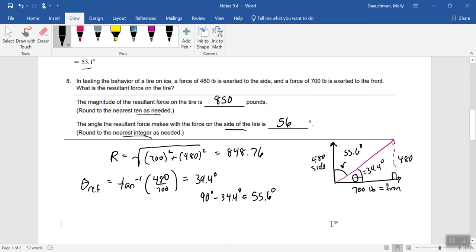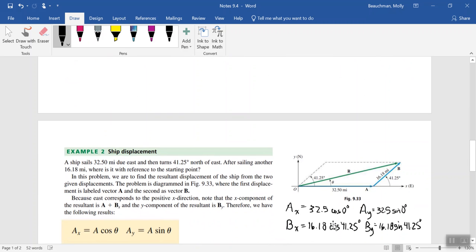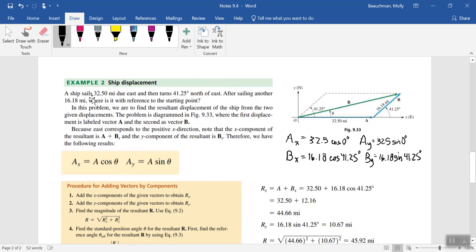All right, next example. We're looking at ship displacement. So this one gives us direction according to bearings, north of east. So a ship sails 32.5 miles due east. So take a look at the picture. We have an XY coordinate system set up with east, north, west over here, and south.